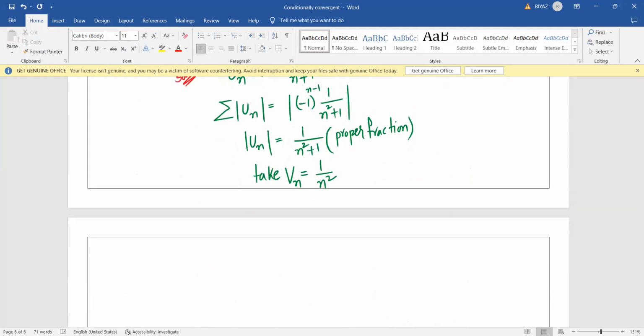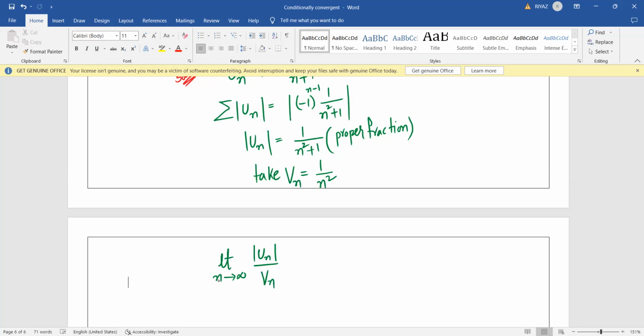So Vn value is 1 by n square, and you know the process of the limit comparison test, that is limit n tends to infinity of modulus of un value. We don't have un, we have modulus of un. That is the only difference.